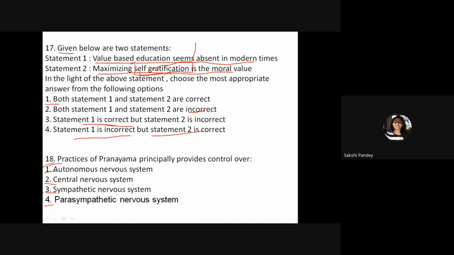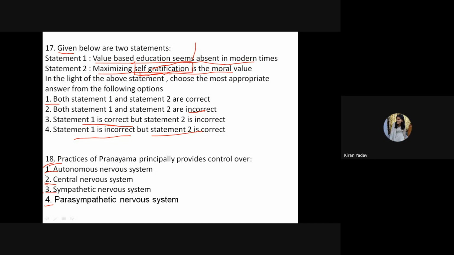Ma'am, I am saying sympathetic, because parasympathetic activates in pranayama, no? So sympathetic controls there. That's why I'm saying third. Option 1, ma'am. Basically, autonomous nervous system includes both sympathetic and parasympathetic, so you can control both actually.